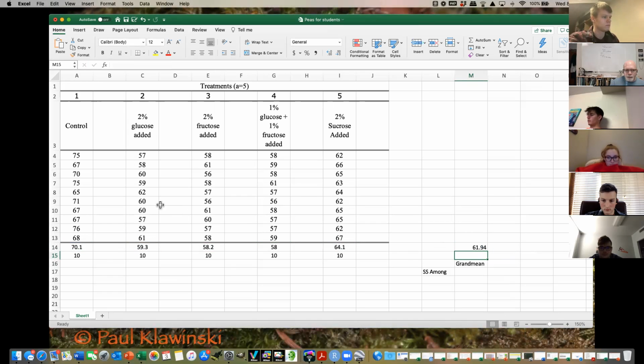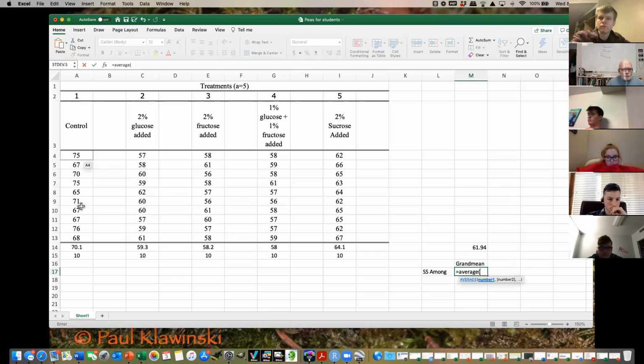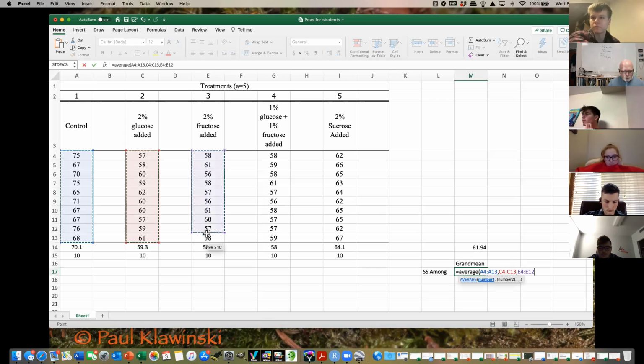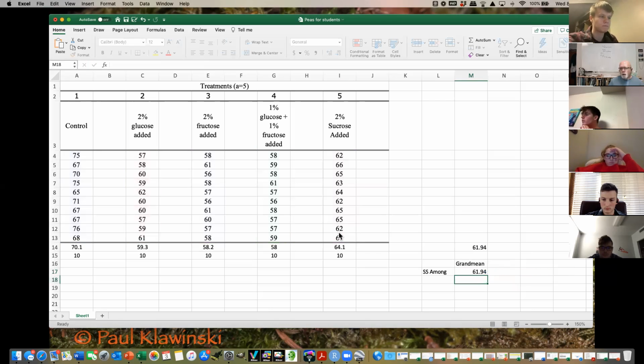And that would be the grand mean, which is also the same as taking the average of this column plus this column plus this column. I'm using the command key to group these all separately. And this column. So in this case, they turn out to be the same, 61.94. I remember I told you it was close to 62.